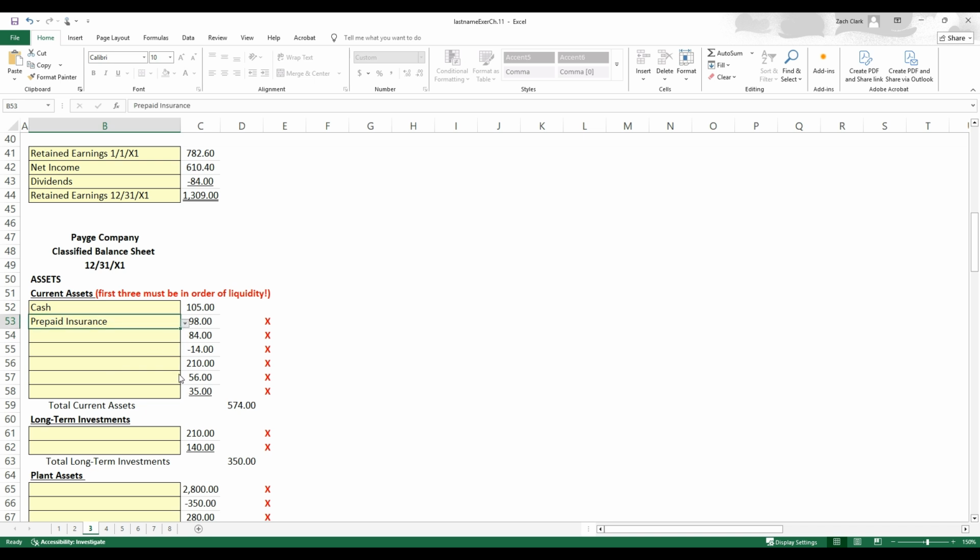Oh, petty cash, maybe? Really got to kind of poke through these. This whole drop down to it was not receivables. We had cash.